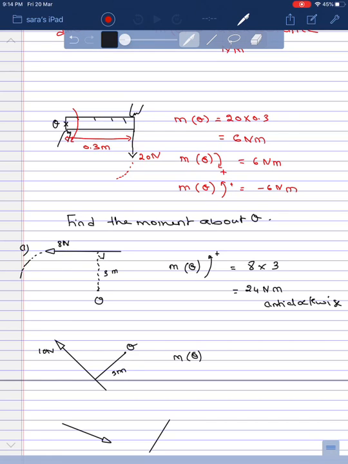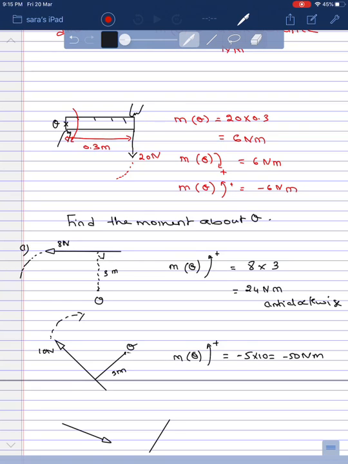Again, the moment about O, this is the force, it will go in this way, which means it will go clockwise. So if I want to take the moment about O anti-clockwise to be positive, then I will be getting minus 5 times 10, which is minus 50 Newton meter.